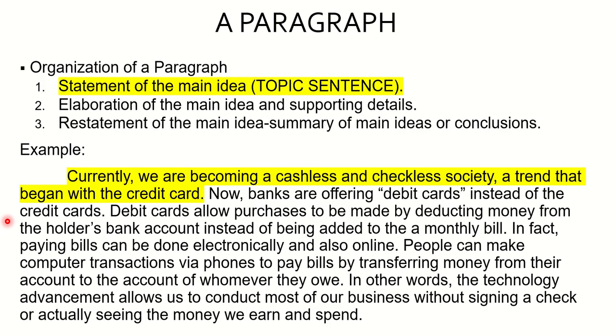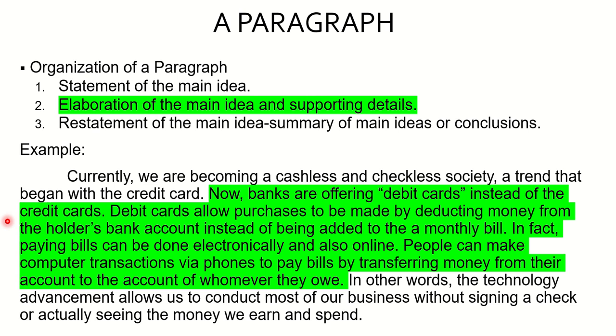Now, I have elaborated this. The first sentence is a topic sentence. Most of the time, your topic sentence is going to be there, most of the time, not always. And the second part is the elaboration of the main idea, the supporting details.